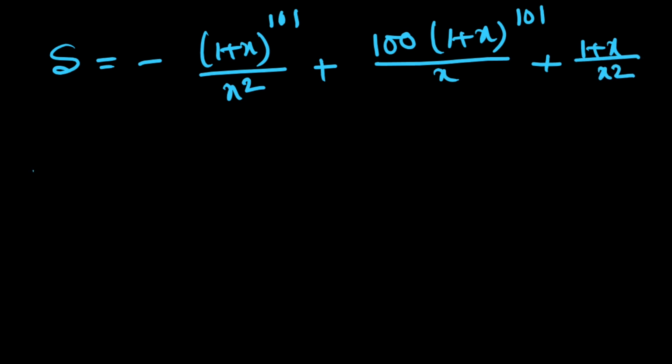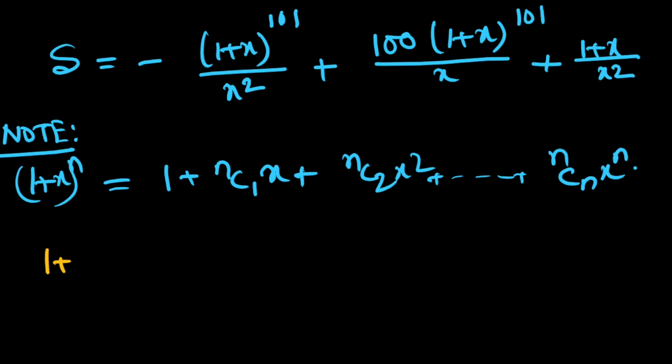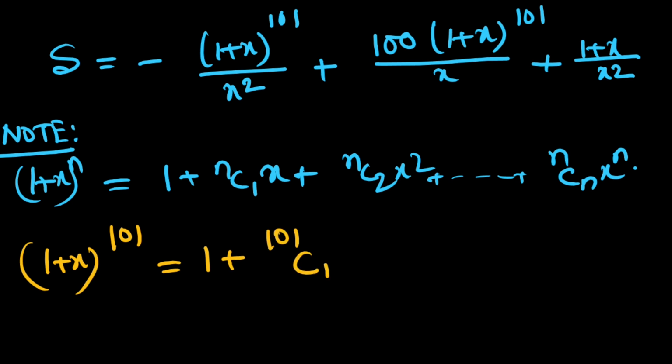Now we expand (1 plus x)^n. Its general term is 1 plus nC1 x, nC2 x square, up to nCn x power n. Now if we expand this (1 plus x)^101, it is 1 plus 101C1 x and so on up to x^101.